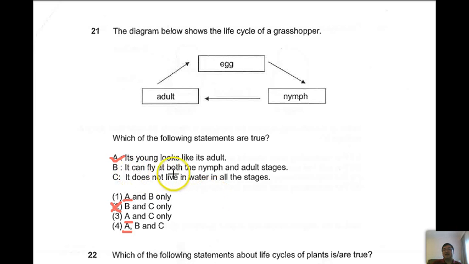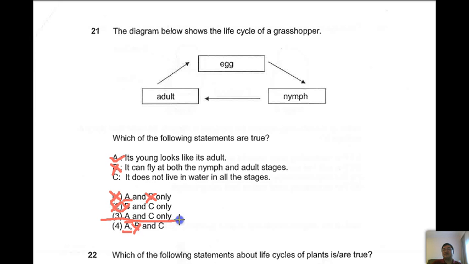Next, it can fly at both nymph and adult stage. Now this is completely wrong. B is completely wrong. It means any of the choices here with B, you should strike off. Strike this off and strike this off. You can see, very easy.